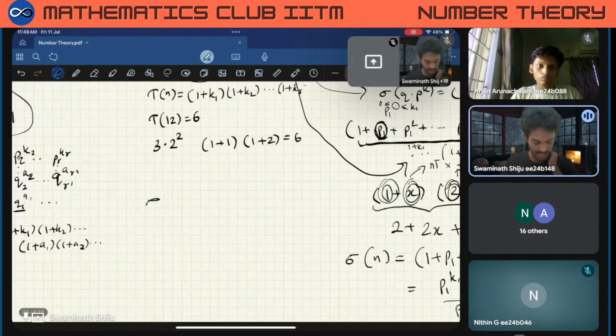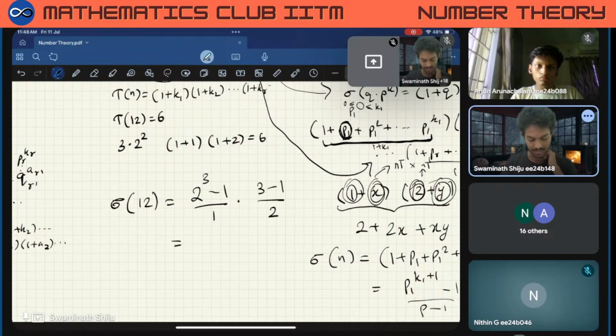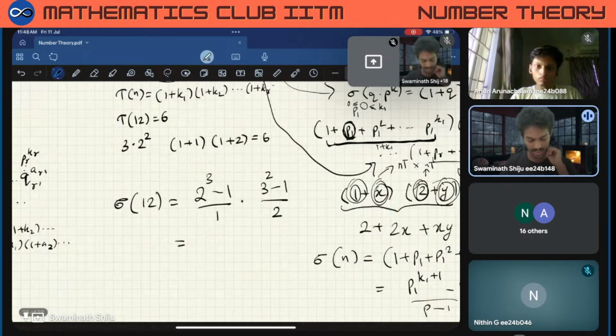Again, we'll do a sanity check as we did before. Sigma 12 will be 2 to the power 3 minus 1 by 1, into 3 square minus 1 by 2. So that's 8 minus 1, 7, into 9 minus 1 by 2, 4, that's 28.